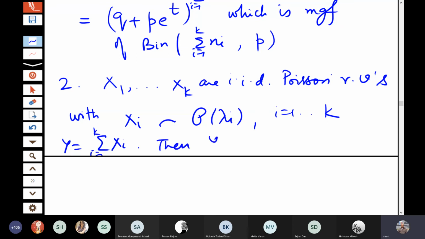Then Y will again follow a Poisson distribution with parameter sigma lambda i. You can prove it in a similar way here.